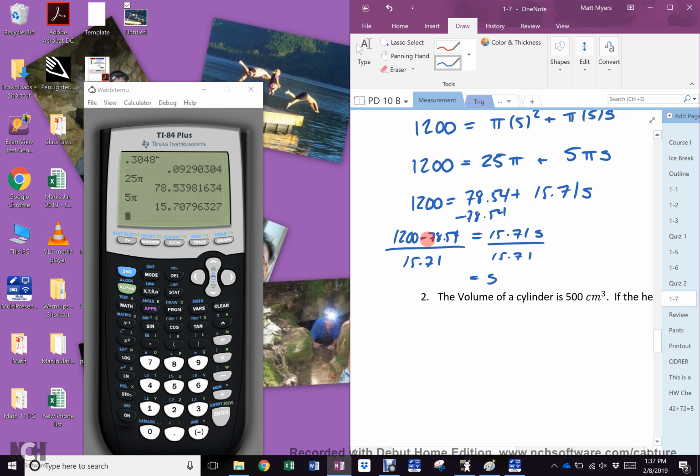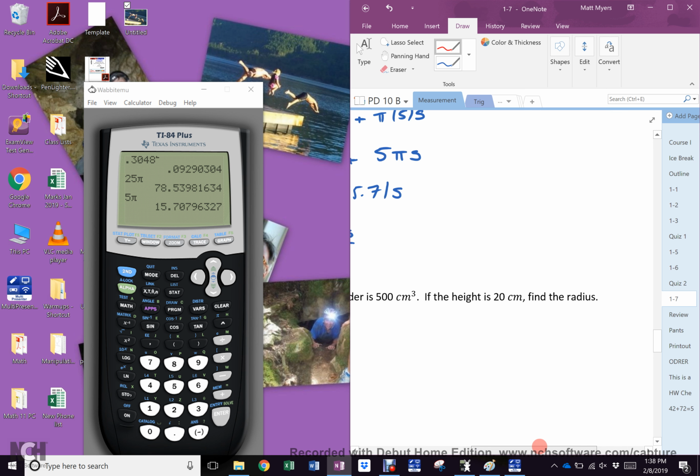When you punch that into your calculator, you have to remember to bracket the numerator. If you want to go step by step, you could have done this, rewritten it, and then divided that answer by 15.71. All of you should have been able to do that in your sleep by this point of your math careers. Right? All right.